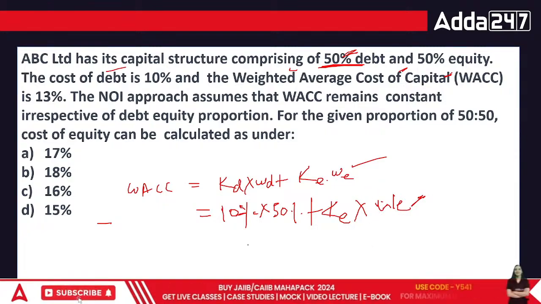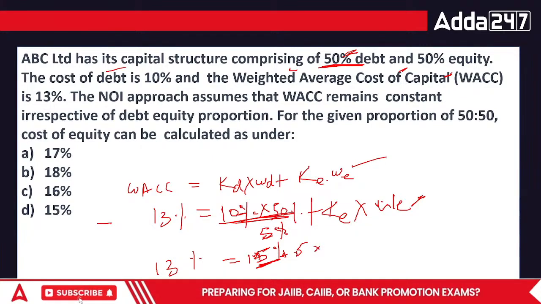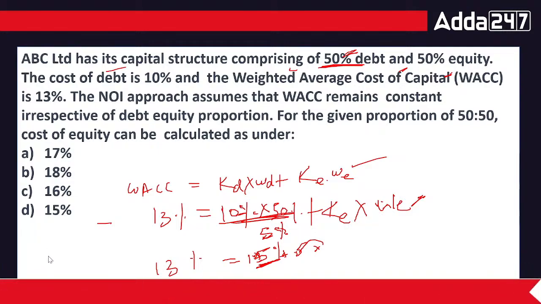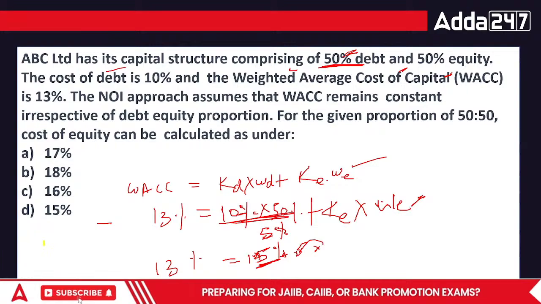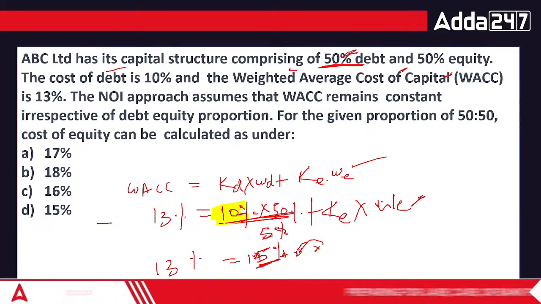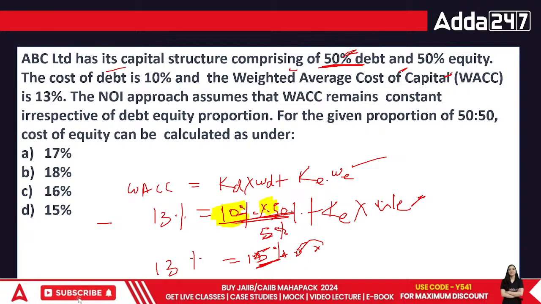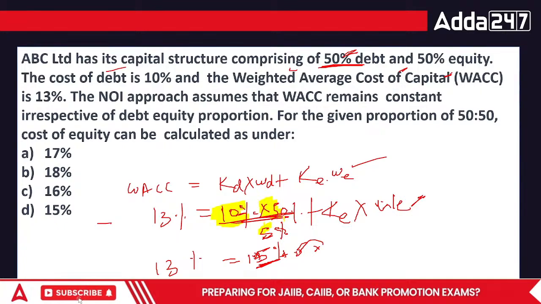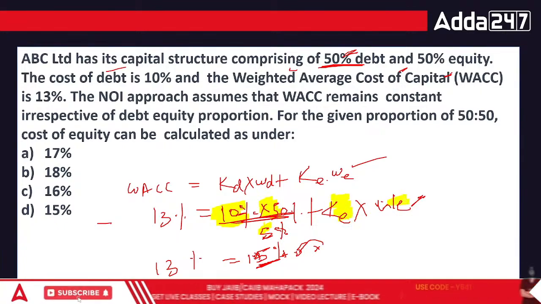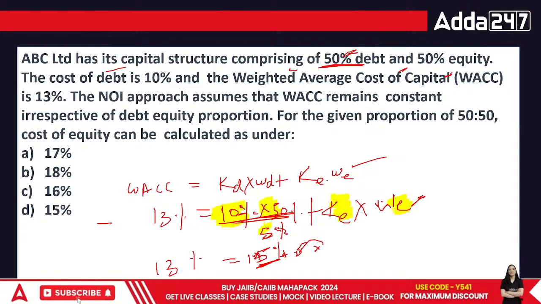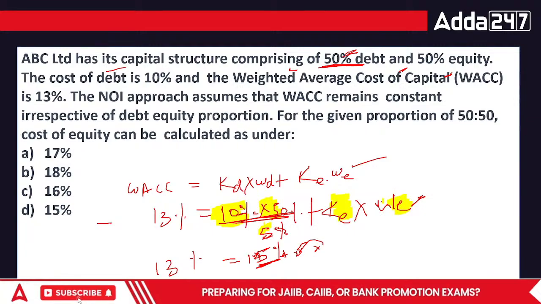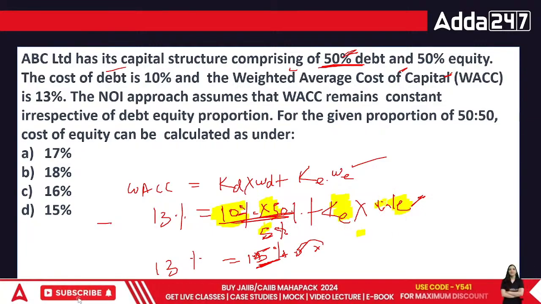What would be the answer, everyone, in this case? Everyone, 10% is the cost of debt, and this is its weight. This was basically related to the cost of debt and cost of equity. Everyone, in this case, the answer is 13%.